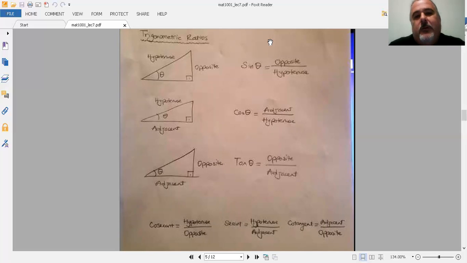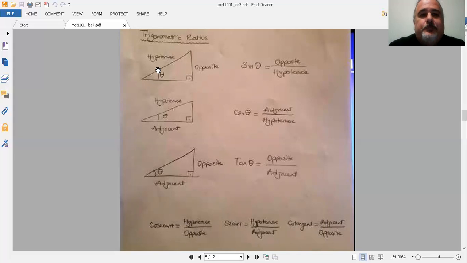If you remember the Pythagorean theorem, if it is a right triangle and we know two sides, we can find the third side length. But here, we don't need to know two lengths. If we know one angle and one side of the triangle, we can find the others.